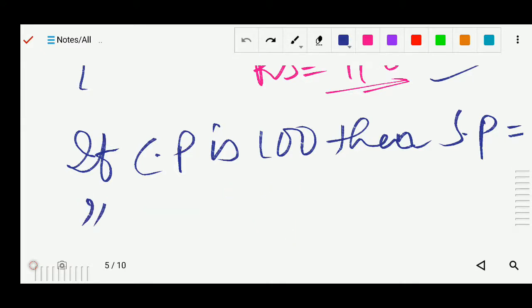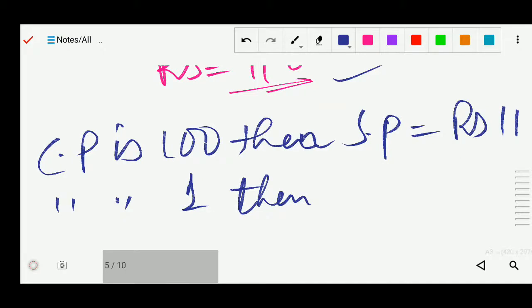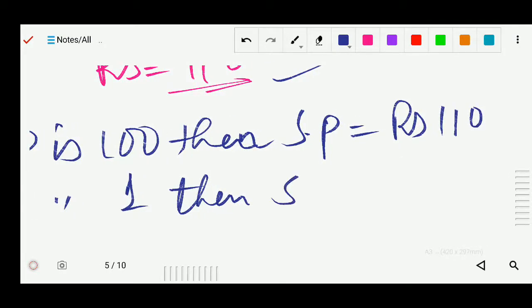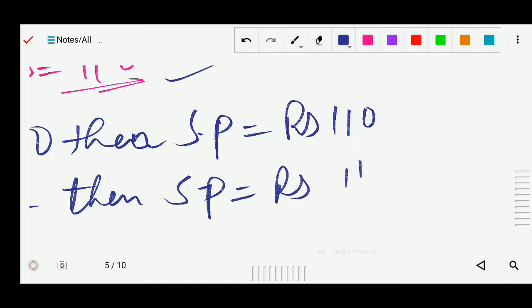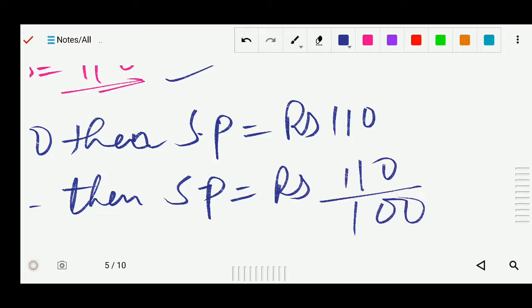If cost price is 1, then, because in the unitary method we are finding the cost of 1, that's why I am using 1. So SP will be, of course 100 में 100 का कॉस्ट 110 है, तो 1 का कॉस्ट कितना होगा? ऑफ कोर्स कम होगा. ठीक है, तो कम मीन्स लेस मीन्स वी विल डिवाइड. सो इट विल बी रुपीज 110 डिवाइडेड बाय 100.